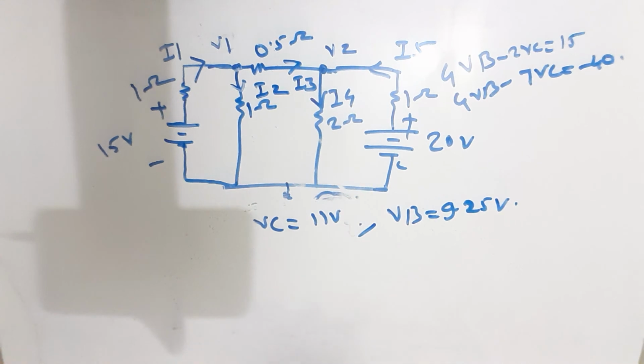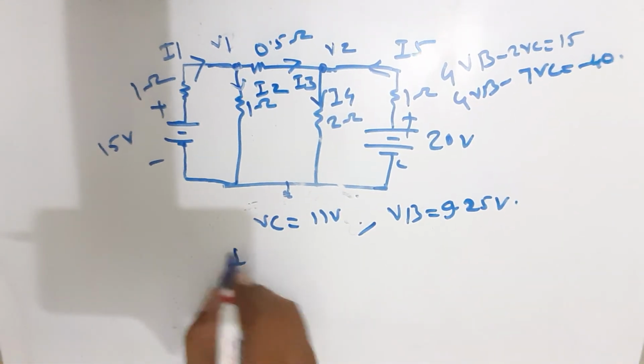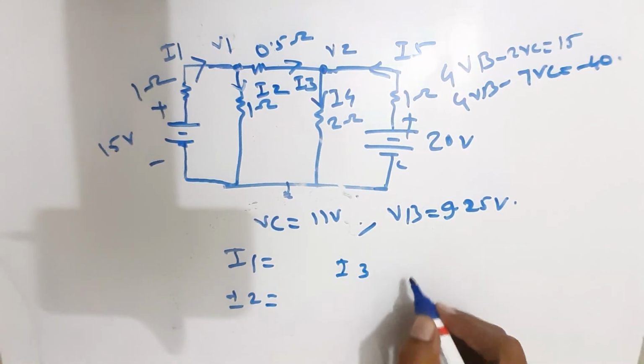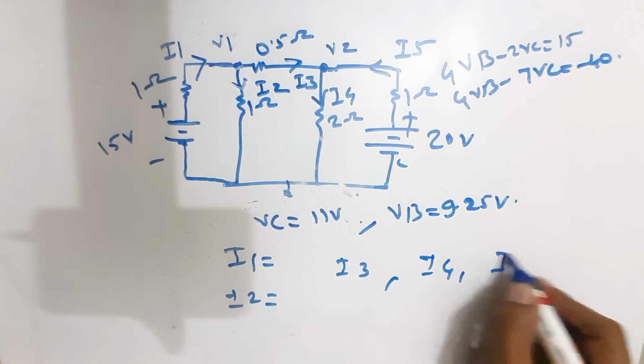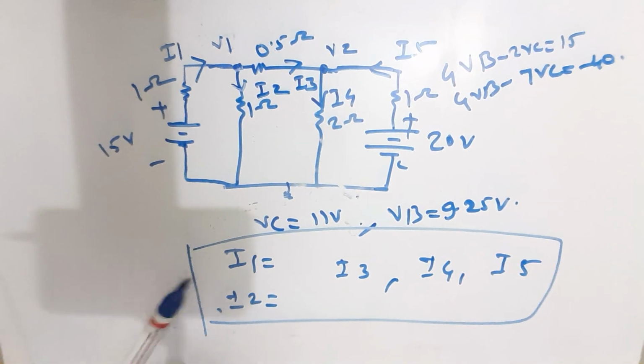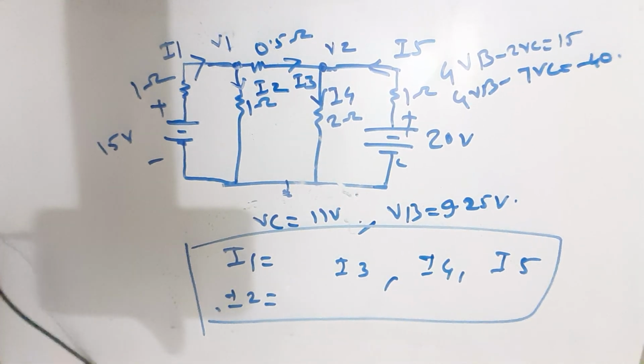Okay, you just solve it. Then you will find out the value of I1, I2, I3, I4 and I5 and just put the values in the Google Classroom. Okay, so this will be assigned as homework. Okay, thank you.